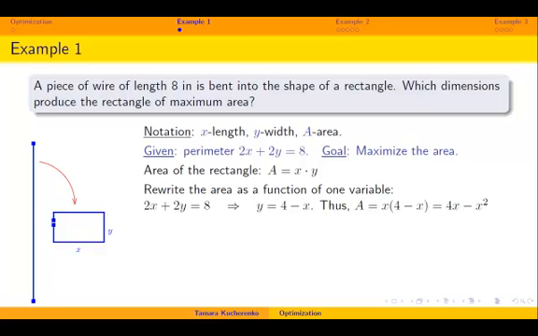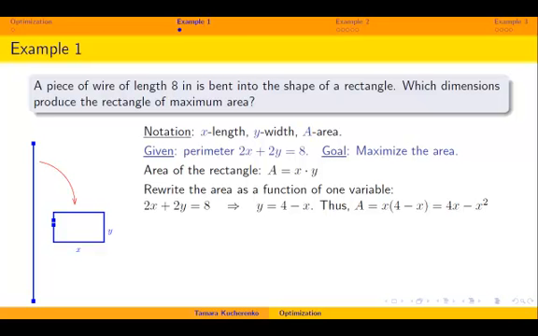On which interval does the optimization take place? Since a side of a rectangle cannot have negative length, we must require x to be positive. Also, the side of a rectangle cannot be larger than half of the perimeter.